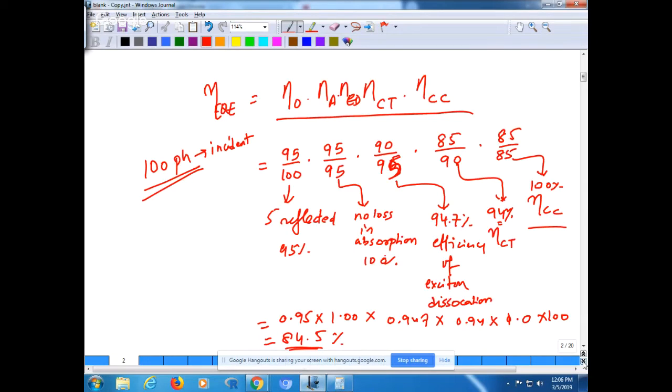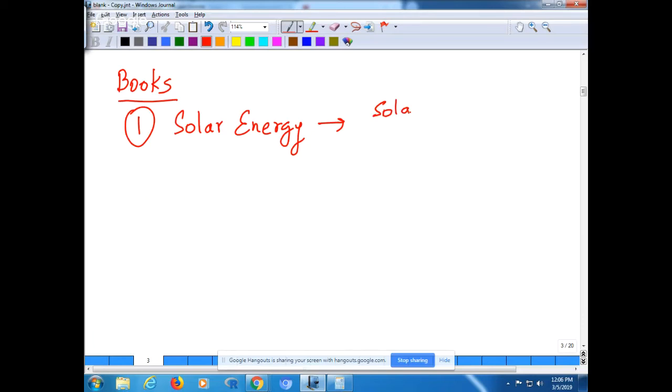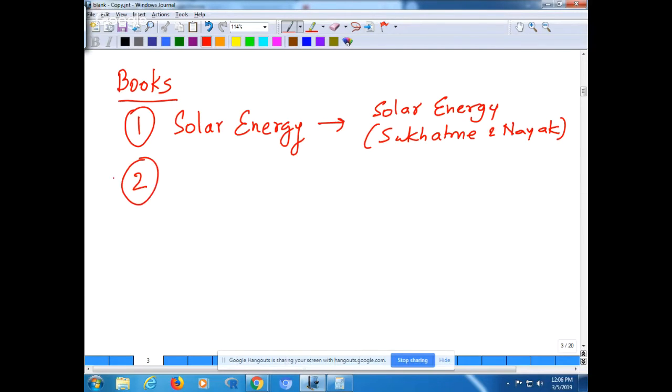So basically books will be related to, first, solar energy. For example, I will say Solar Energy by Sukhatme and Nayak. It is not a very expensive book. It is available on Amazon. You can buy it from there or Flipkart, or you can go to any library in the vicinity of you.